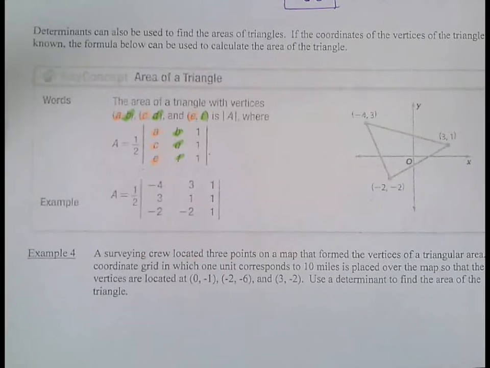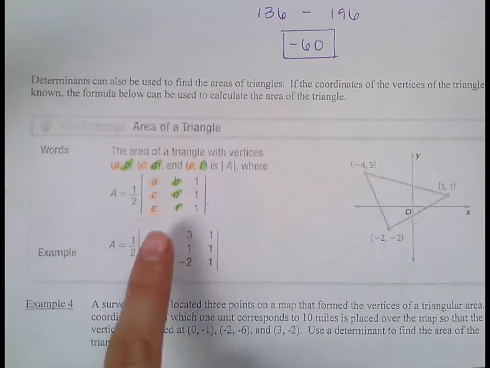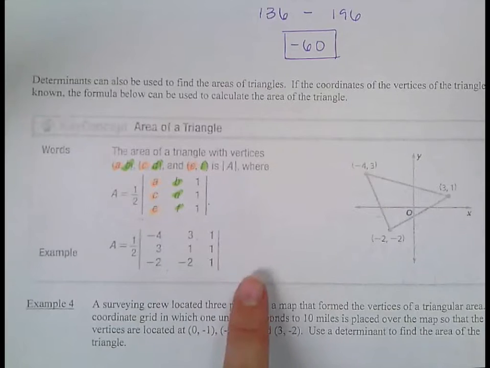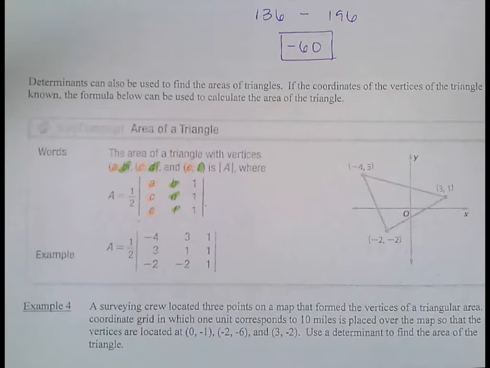What might happen, and it's only if you're finding area, so don't start changing negatives to positives all the time, but if you rearranged your vertices here, and let's say you get a negative determinant, you know that area should be positive, so you take the absolute value of it, you drop off the negative. Because if you end up getting a negative, it'll be the exact opposite of what it should be.